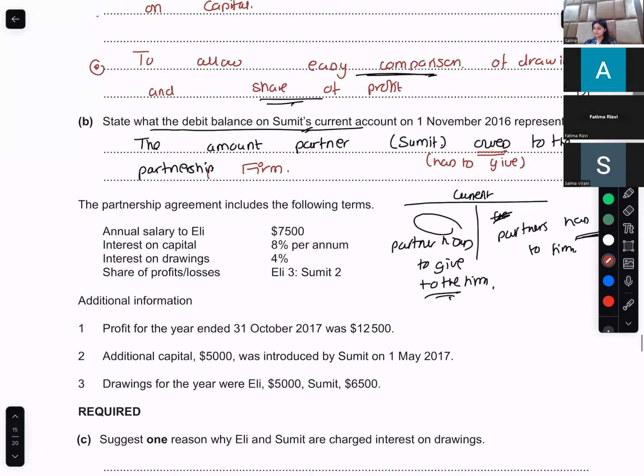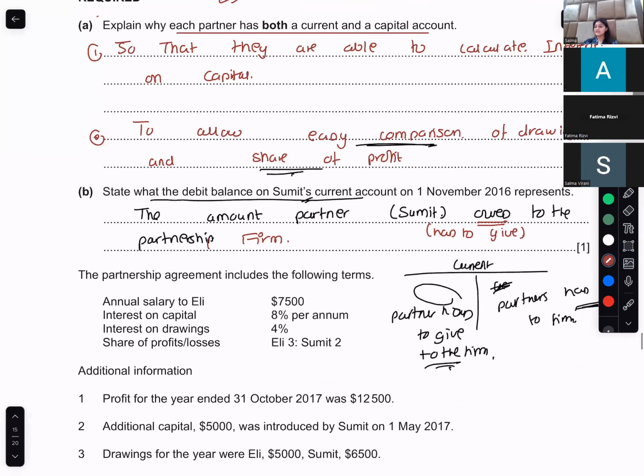Are you with me? Yes, miss. Both these answers should be a part of your revision note, and you should revise them on a regular basis.